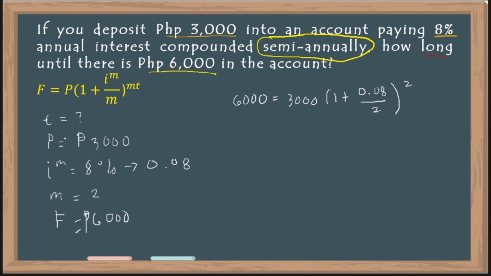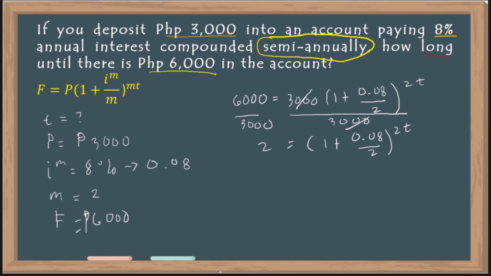Meron po ba tayong t? Wala. So, we just copy t. Okay? Next, divide natin both sides of the equation by 3,000. Okay? Cancel out. So, 6,000 divided by 3,000, that's 2. So, ang matira na lang dito, 1 plus 0.08 over 2, okay, raised to 2t.